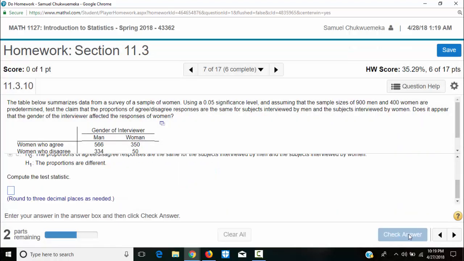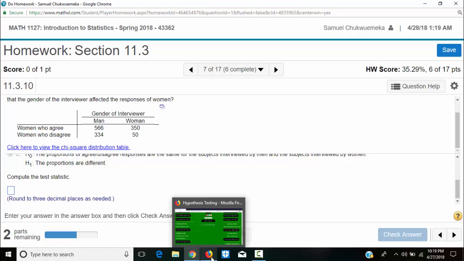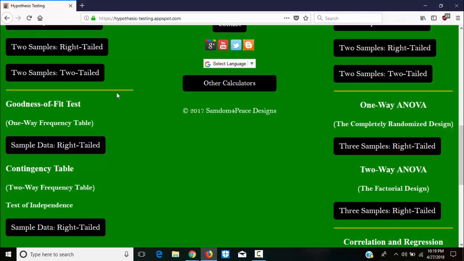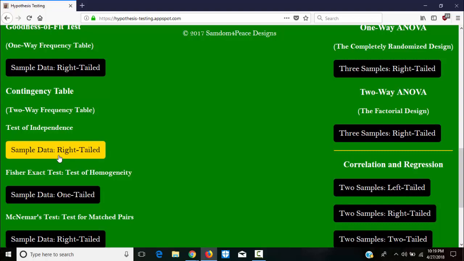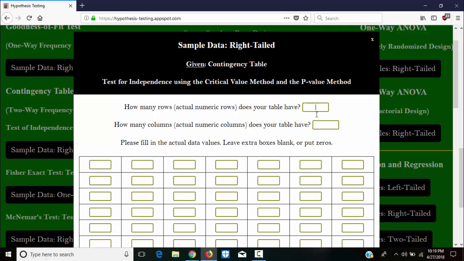Next one, compute the chi-square test statistic. So we have 566, 350, 334, 50. This is 2 by 2: 566, 350, 334, 50.